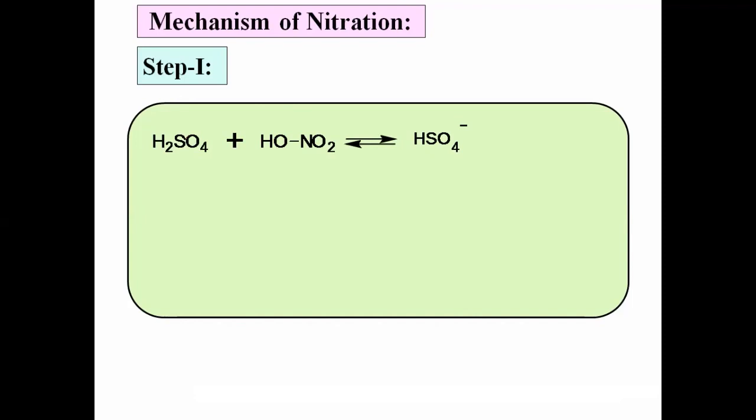पहिल्या स्टेप मध्ये काय होतं? H2SO4 donates one hydrogen, it donates one proton, while that nitric acid accepts one proton. एक प्रोटॉन घेतो आणि सल्फ्युरिक ऍसिड एक प्रोटॉन देतो. म्हणजे सिंपली मी असं म्हणेन, ड्युरिंग दॅट प्रोसेस सल्फ्युरिक ऍसिड ऍक्ट ॲज अ प्रोटॉन डोनर.